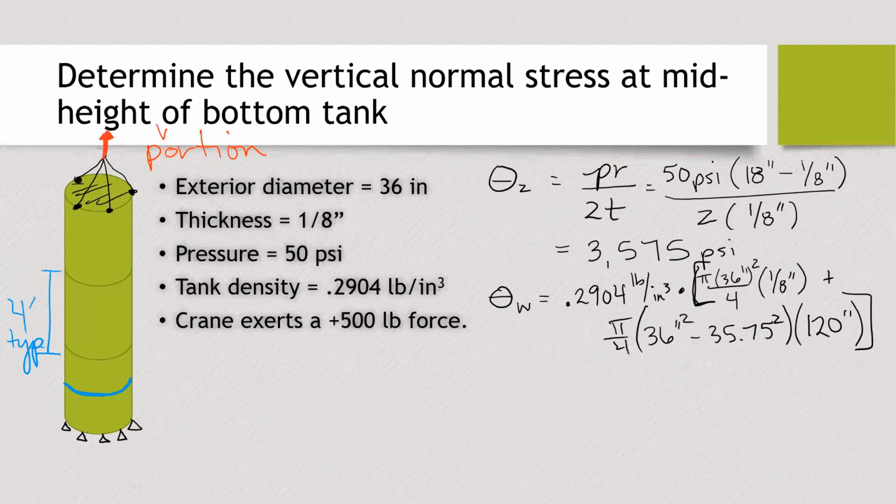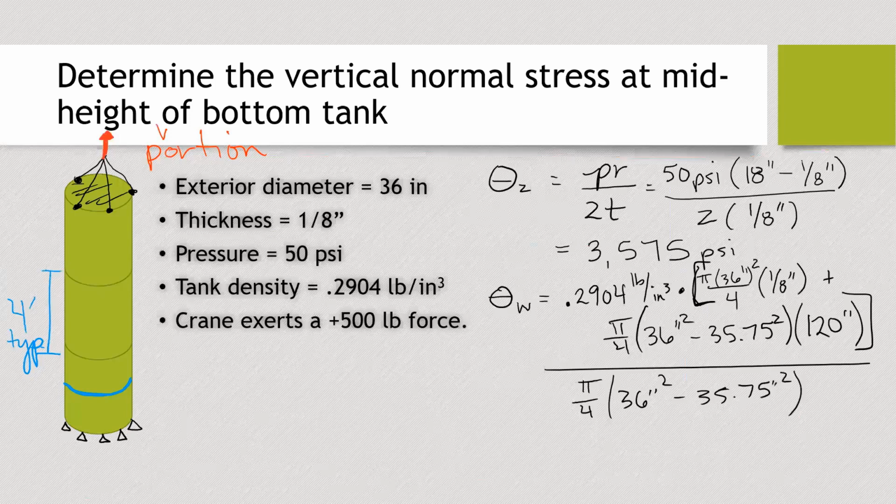Okay, so now let's see if we've got this. We have our density times the volume of that cap, including the thickness, plus the cross-sectional area times the height. So that should give us the total force, and then we divide all of that by the area of the tank.